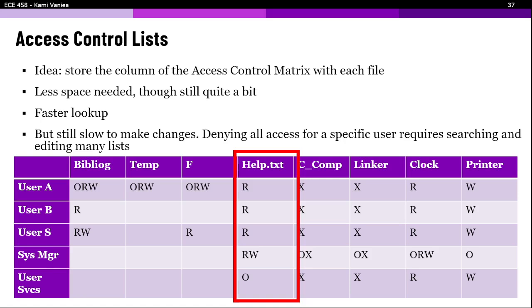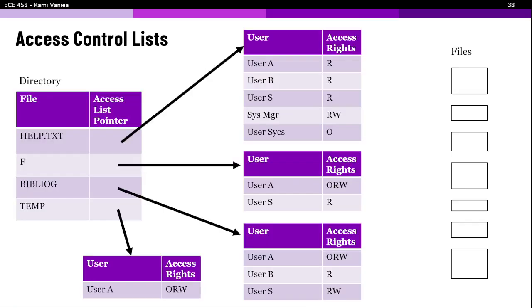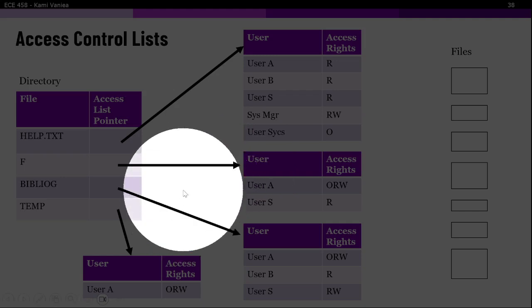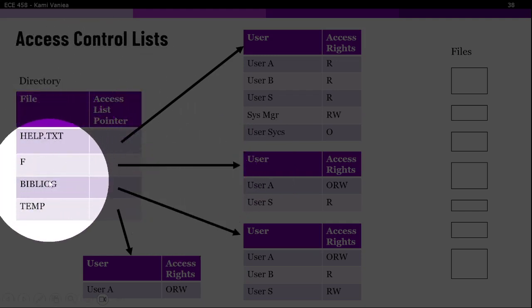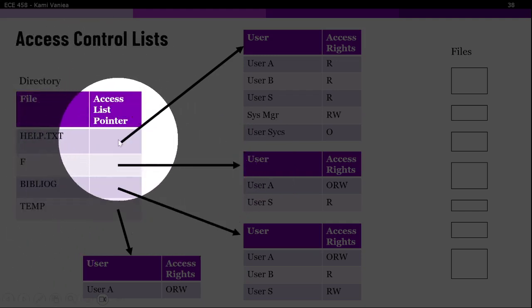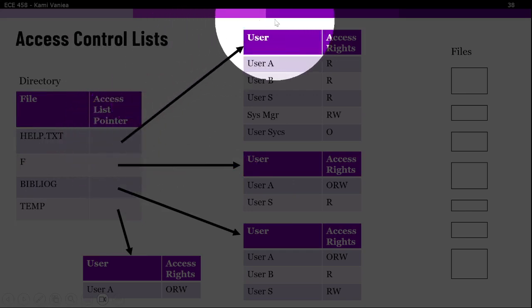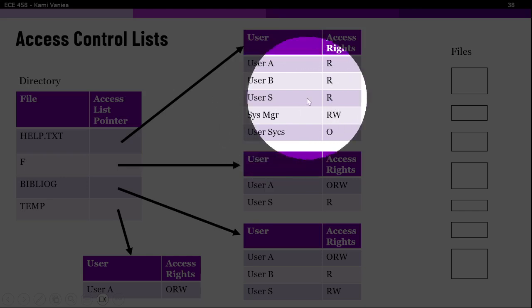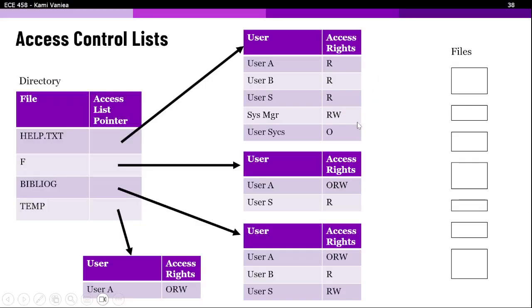So now what I'm doing is I'm taking one of these columns. So I take, say, help.text, and I grab every user associated with it and all their access modes, and I remove all the empty forms. And I get this. So now I have a directory here, and for every file in the directory, I have an access list pointer. This pointer points up to a list of users and a list of permissions for this file.